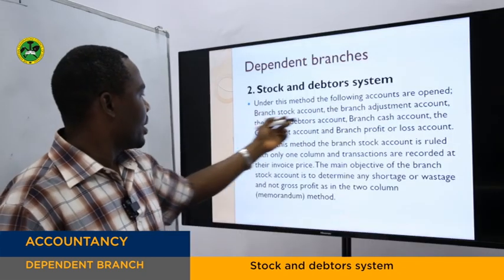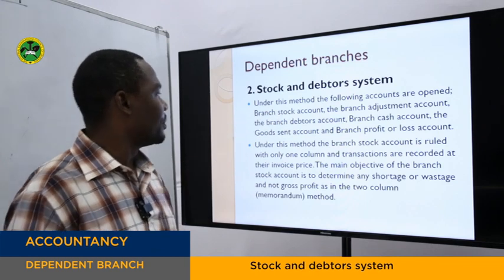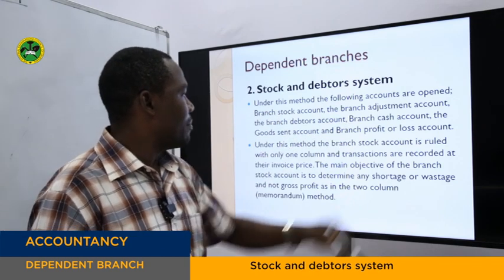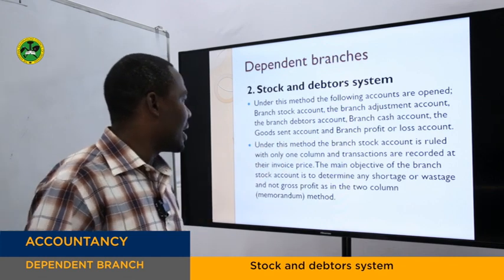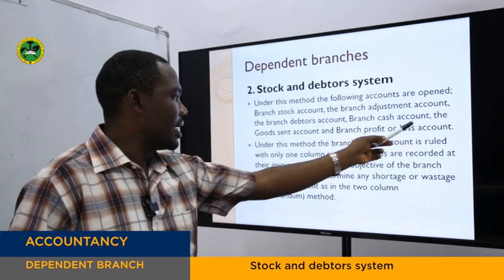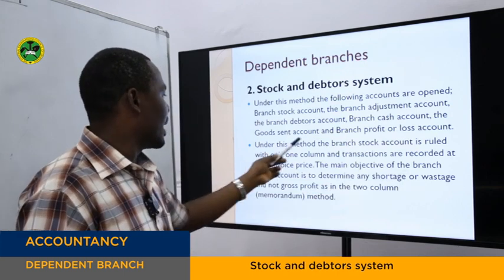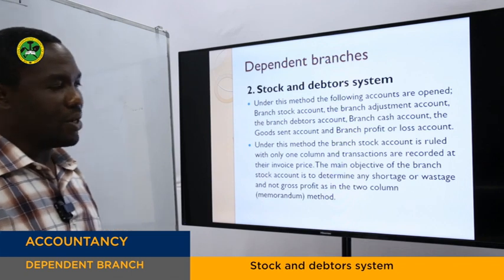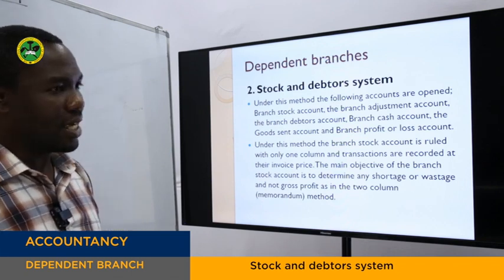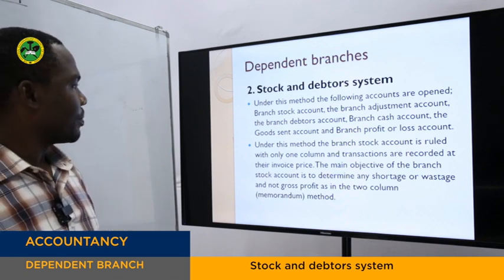There will be a branch stock account, a branch adjustment account, a branch debtors account, branch cash account, goods sent account, and branch profit and loss account. There will be almost fixed accounts to be opened.